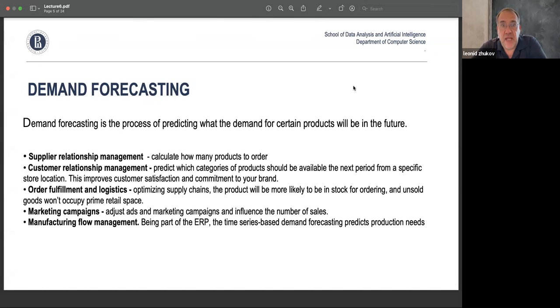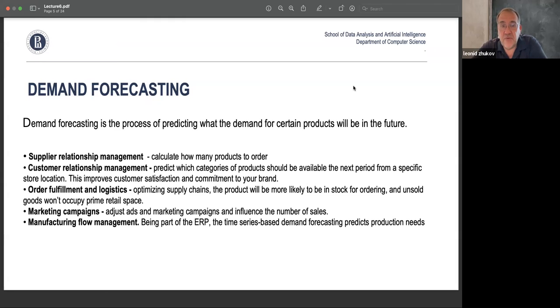It also helps you to manage the relationship with the customers, because customers will not be happy if they come to the store and there is no product they're looking for, right? So good demand prediction improves customer satisfaction. Again, it's logistics, it's customer management, it is marketing, because you can actually adjust marketing depending on the demand.